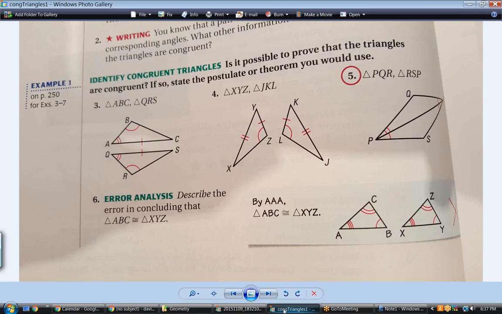And in this particular problem, it is greater than 90 degrees. And so we do have SSA. And I happen to know that these are congruent because SSA does prove congruency as long as the A is obtuse. Or even 90 degrees.